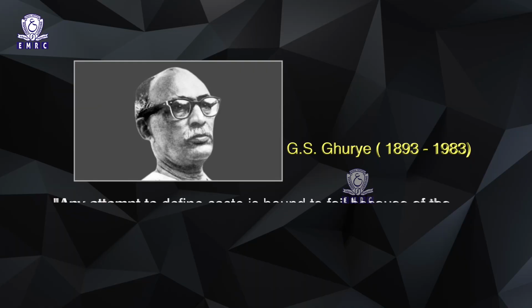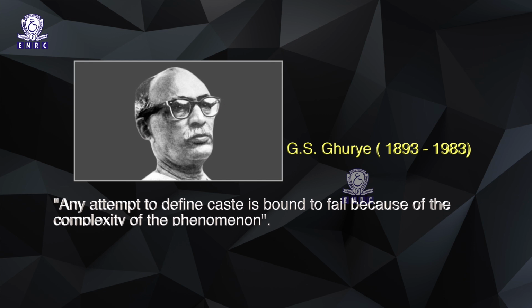G.S. Ghurye says any attempt to define caste is bound to fail because of the complexity of the phenomenon. The traces of caste are found in ancient Egypt, Japan, Rome, Burma and Persia. Caste is closely connected with Hindu social organization, philosophy and religion.